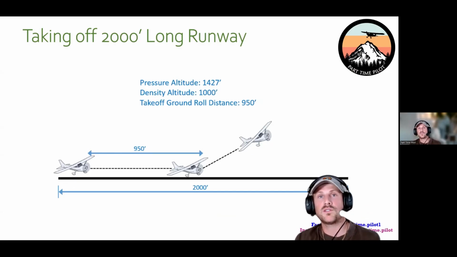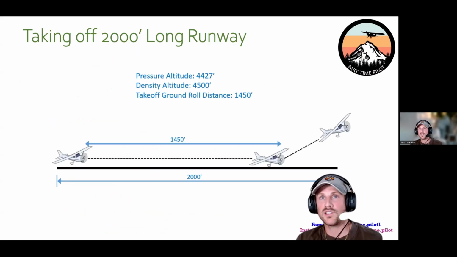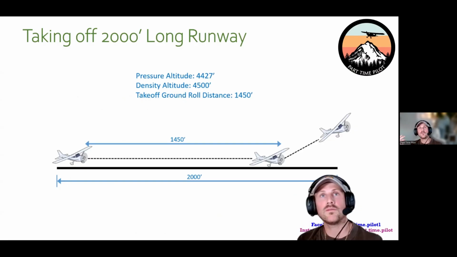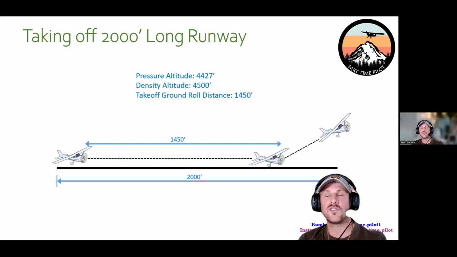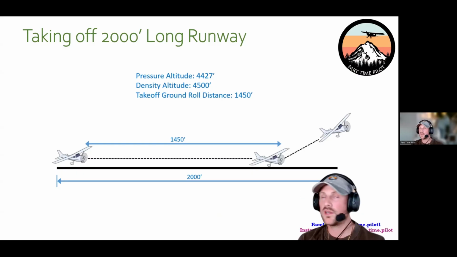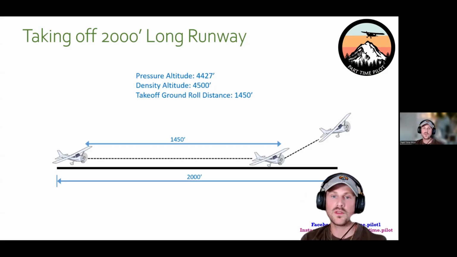So scenario 1 to scenario 2 is meant to show you the effects of taking off or landing or climbing, whatever, when you're at a high elevation airport. You can see it almost doubles how long you need to take off just by adding 4,000 feet of elevation. So for those flying in Denver, Arizona, places with higher elevation in the country, this is something to think about.